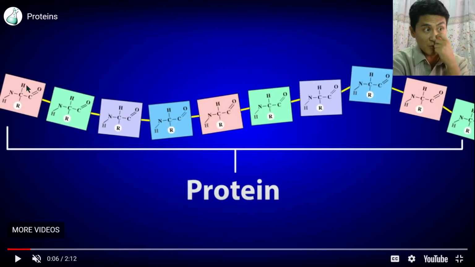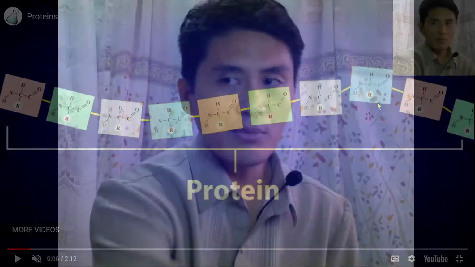So what happens is, what if this green R is positively charged, and this blue R over here is negatively charged? So what happens is, this positive and negative will attract, right? And most often it will do like this. For example, this is the point here where the R is positive, and lower along the chain you have an R that is negative. Guess what? This positive will attract with the negative, right?